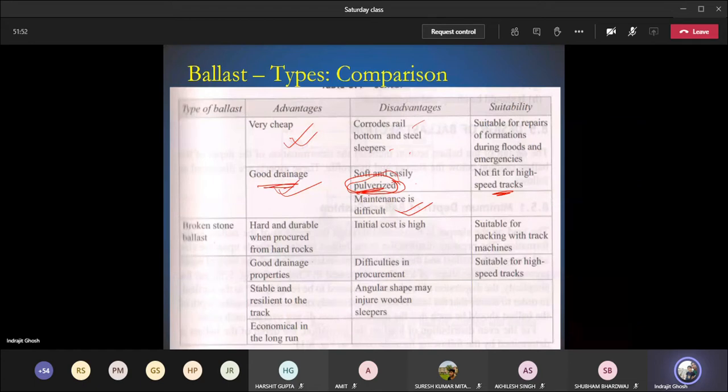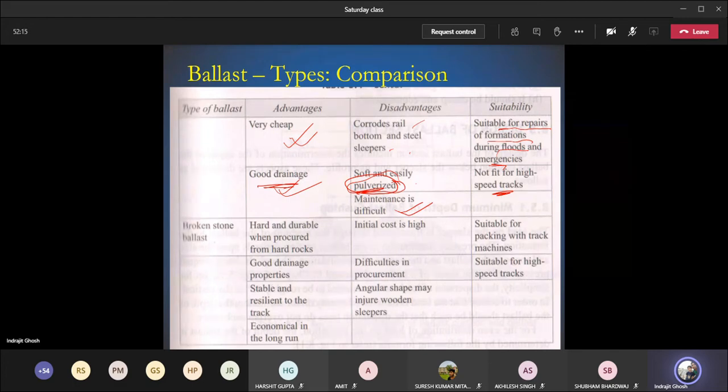Now here you can see, I have not discussed, but here it says suitable for repairs of formation during flood and emergencies. This is actually one of the special uses of the coal ash or the cinder. So when you have flood or emergencies, what happens?